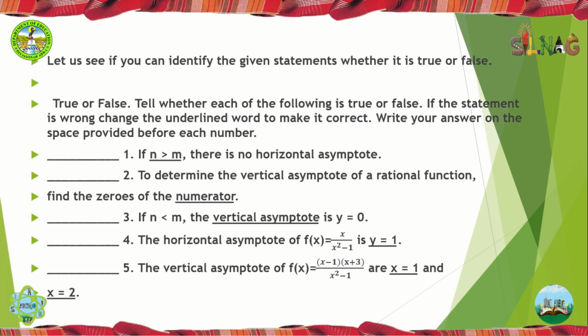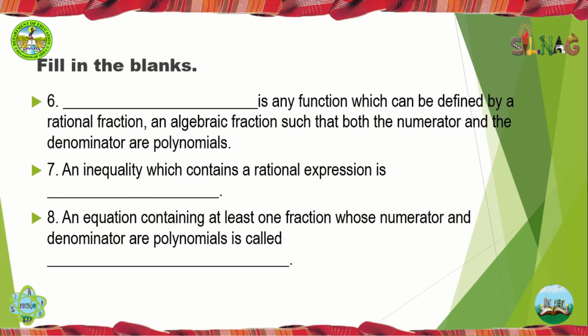Then number 5, the vertical asymptote of f of x is equal to the quantity of x minus 1 times the quantity of x plus 3 over x squared minus 1 are x is equal to 1 and x is equal to 2. So the underlined words are x is equal to 1 and x is equal to 2. Number 6, fill in the blanks.